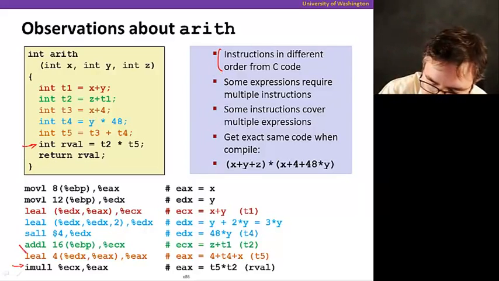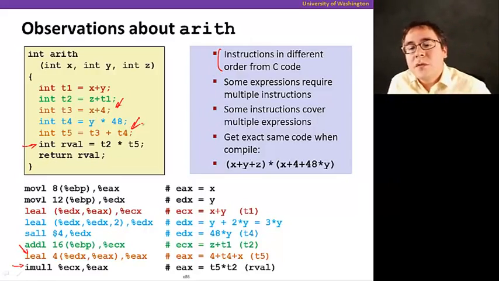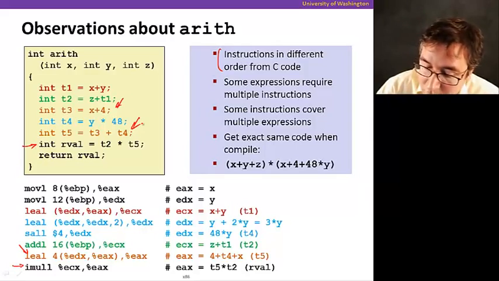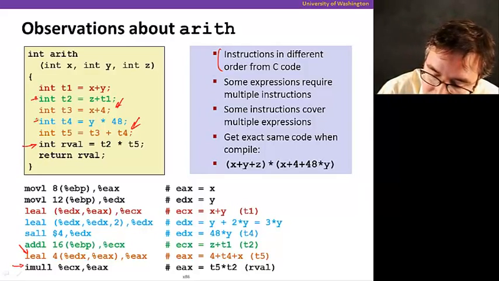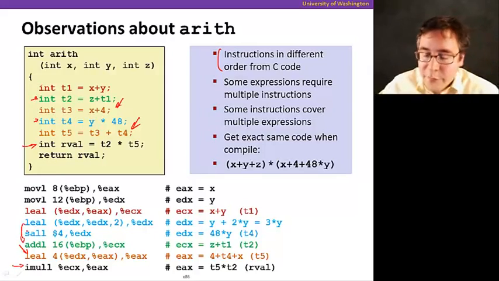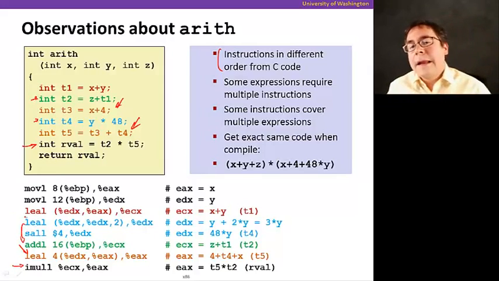Okay, so you see like this orange instruction happens to implement and relates to these two statements in the C code. And also, green comes before blue in C, but blue comes before green in the assembly code. Okay.